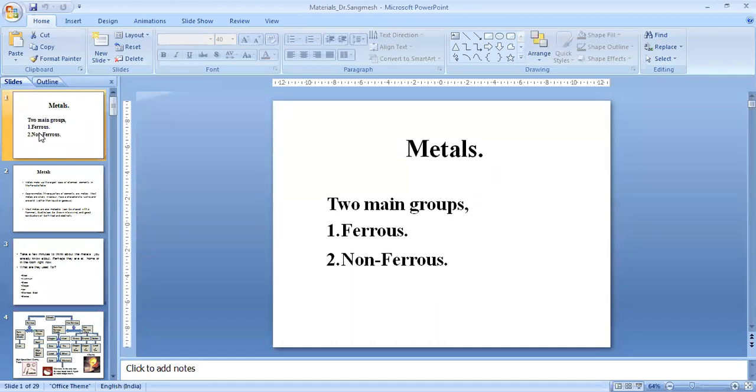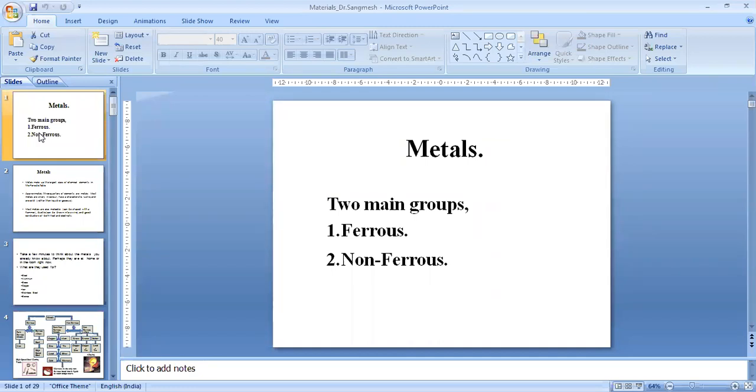We'll discuss in detail what pig iron, wrought iron and all that are. Basically, if a material contains iron content, such as pig iron, wrought iron, cast iron, steel and their alloys, then we call it a ferrous material. The major constituent present in the ferrous metal is iron.